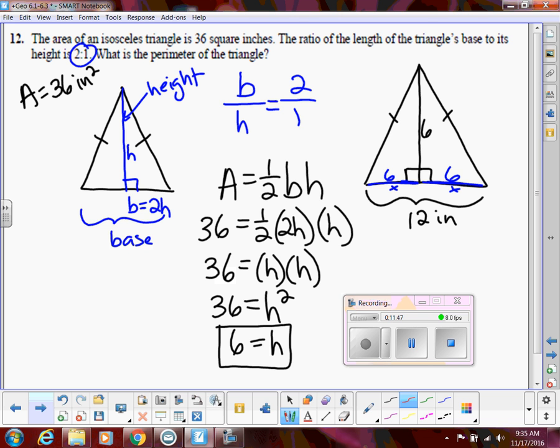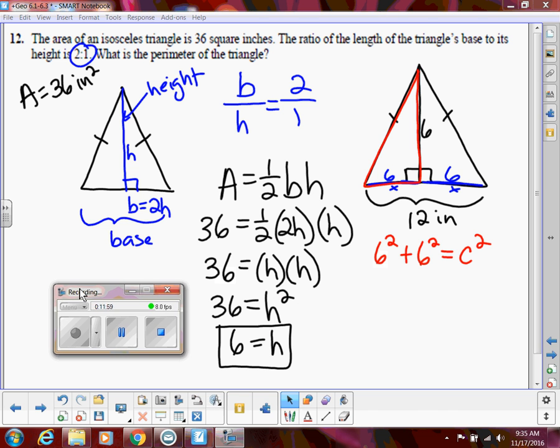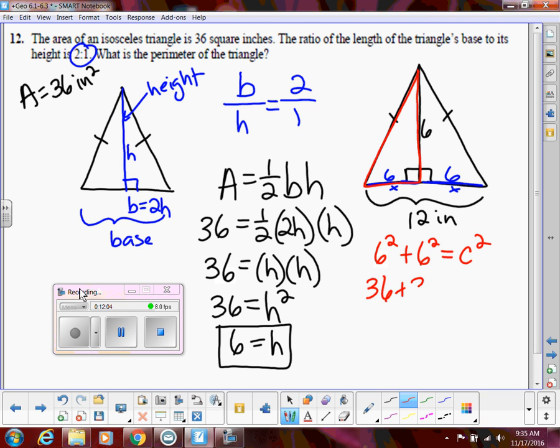So how are we going to find the hypotenuse? Well, what kinds of triangles are these? This is a right triangle, so that means we can do the Pythagorean theorem. Look at all of this geometry that we're using in one single problem. I know you guys are probably groaning by now. So we have that, and we take the square root.